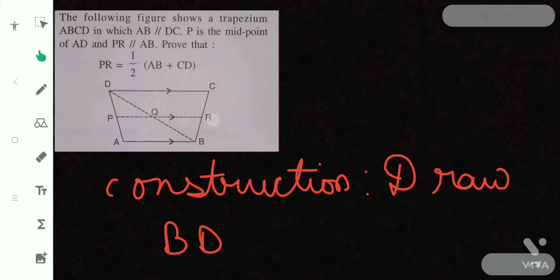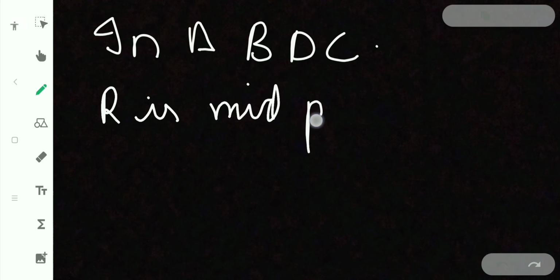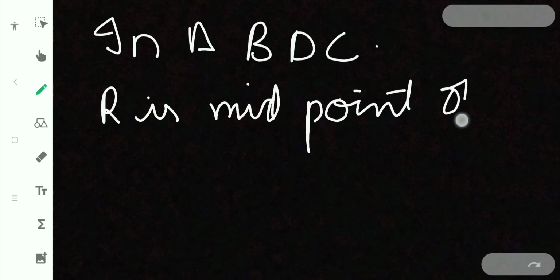As this is a line parallel to DC, we can apply the converse of the midpoint theorem. Again, this line bisects the third side. Here we can prove that R is midpoint of BC.